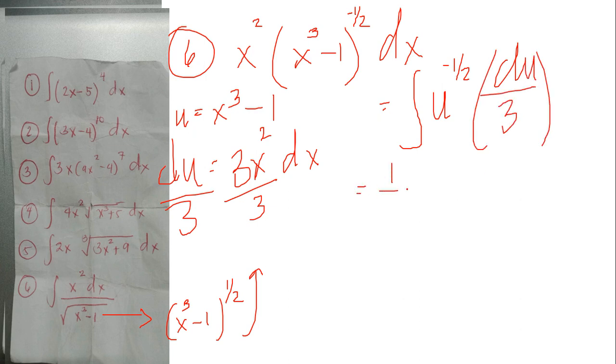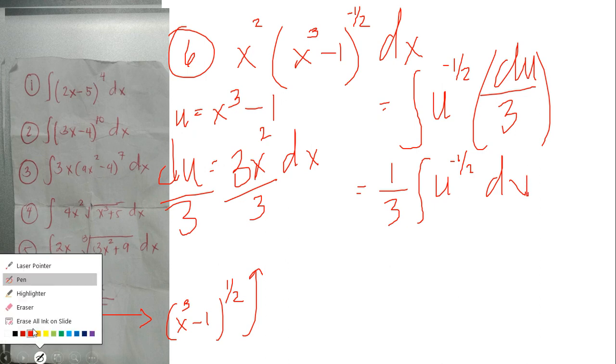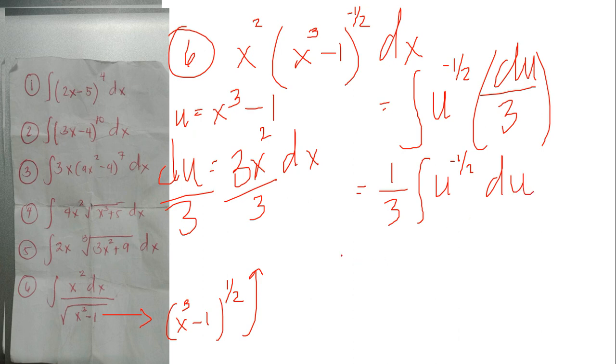So, magiging 1/3 po yung NF natin sa labas. U negative 1 half du. Next, 1/3 integral ng u raised to 1 half plus c.